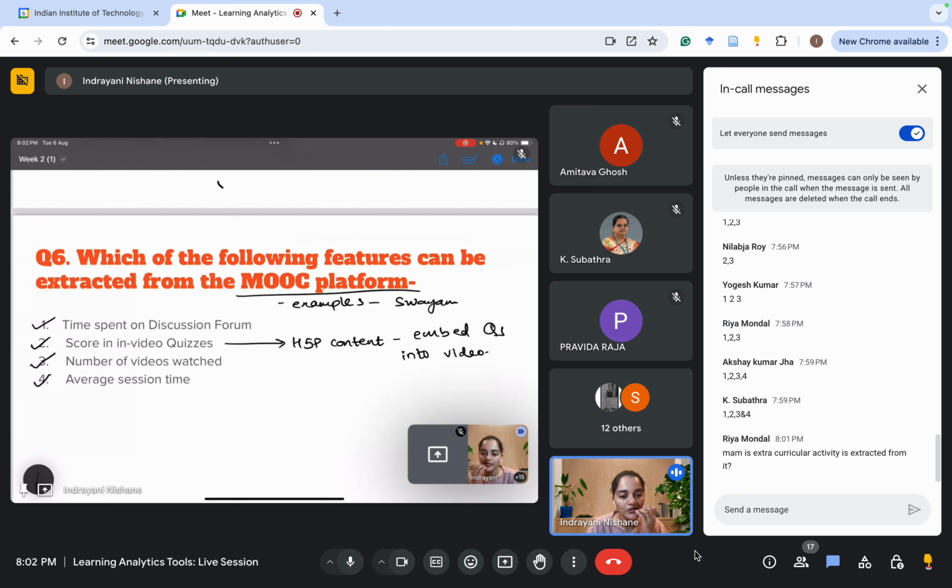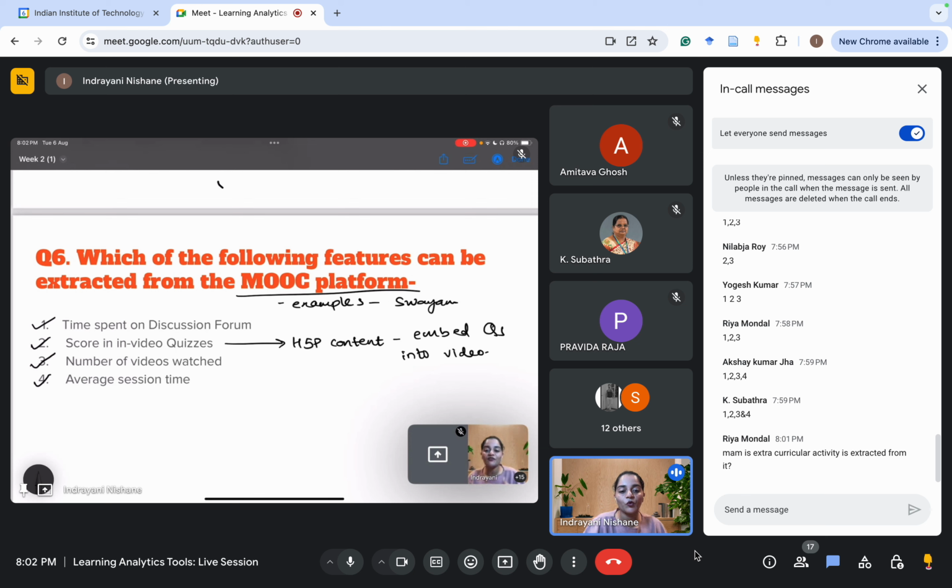Ria has a question in the chat box. She's asking, are extracurricular activities extracted from it? Ria, you tell me whether it is possible from the log data of you interacting with the Swayam platform. Is there any way that Swayam can have information about your extracurricular or co-curricular activities unless Swayam floats a survey where you report?